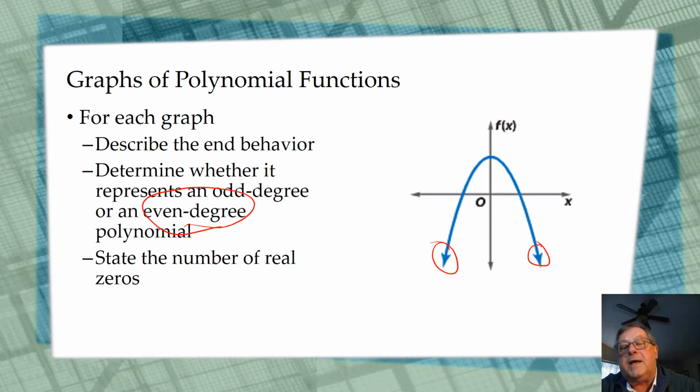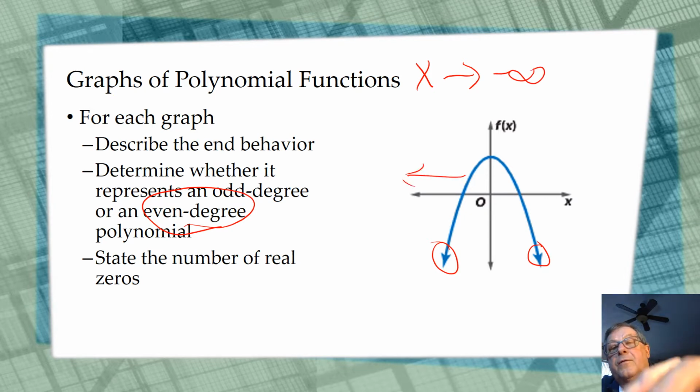But let's go back to the end behavior. I'm going to write it like this. As x is approaching negative infinity, going in this direction, f of x is approaching negative infinity.